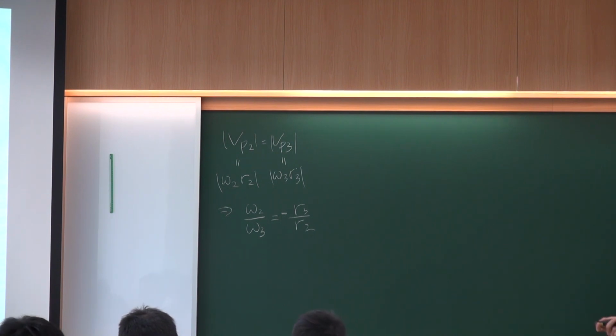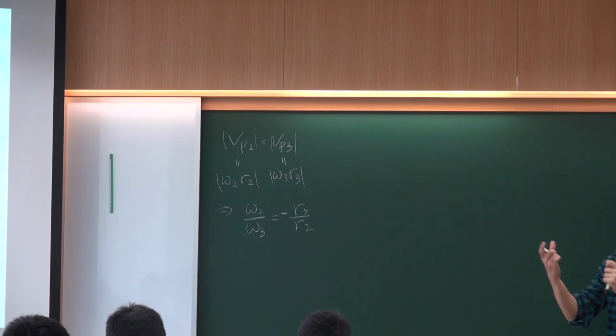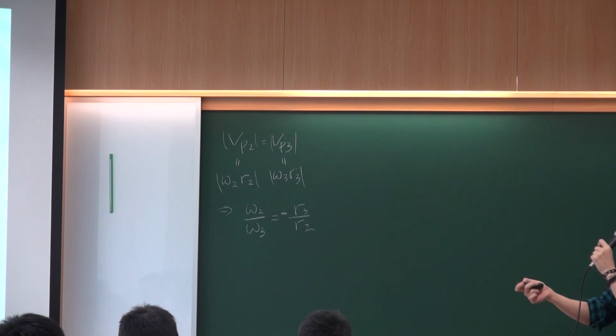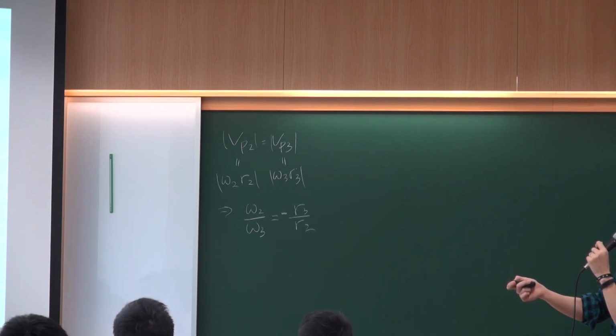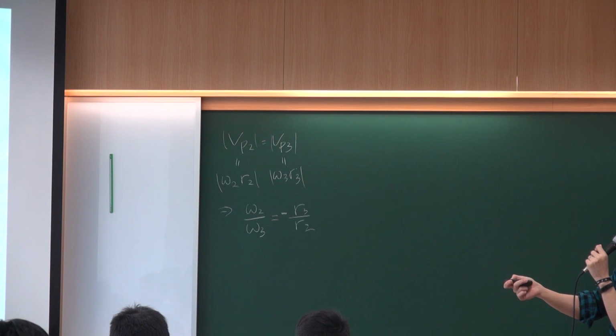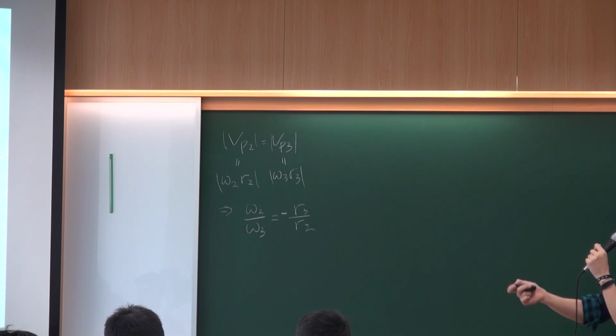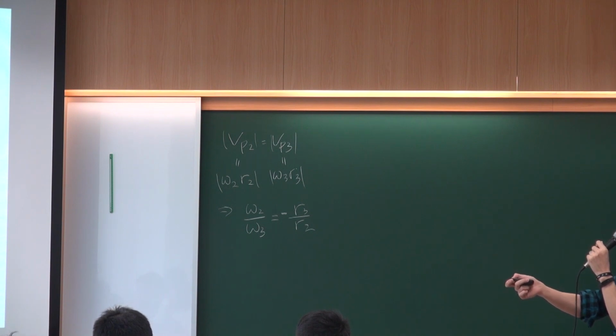But usually when we look at gears, we don't use their radius. Instead of using radius, we usually use their teeth number. Teeth number means how many teeth are on this gear. For example, this one may have about 20 teeth, and this one has much more.